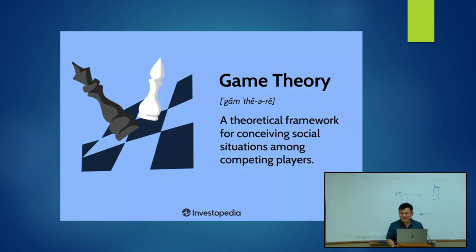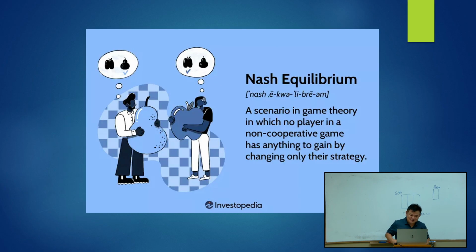This is game theory. At that time, the Nash equilibrium is a little bit more difficult. It is a scenario in game theory in which no player in a non-cooperative game has anything to gain by changing only their strategy. That is the Nash equilibrium, a very specific area in game theory.